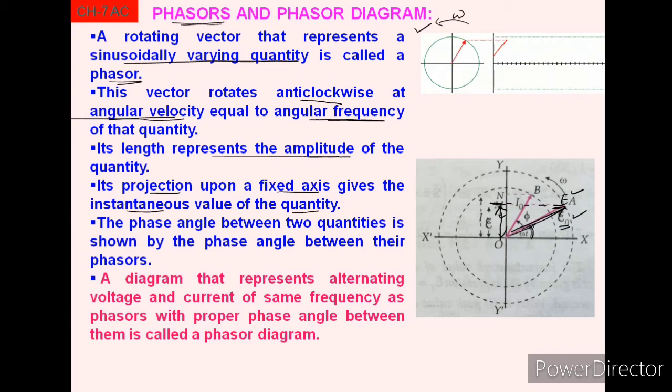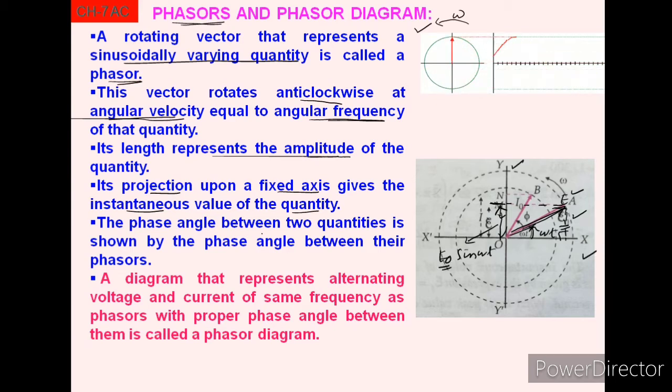If the angle at any moment is taken as omega t, then if you draw perpendicular from here, this part can be found by multiplying sine omega t with the amplitude.